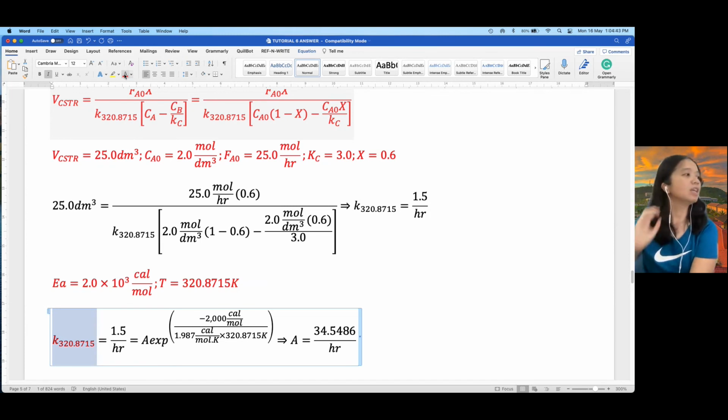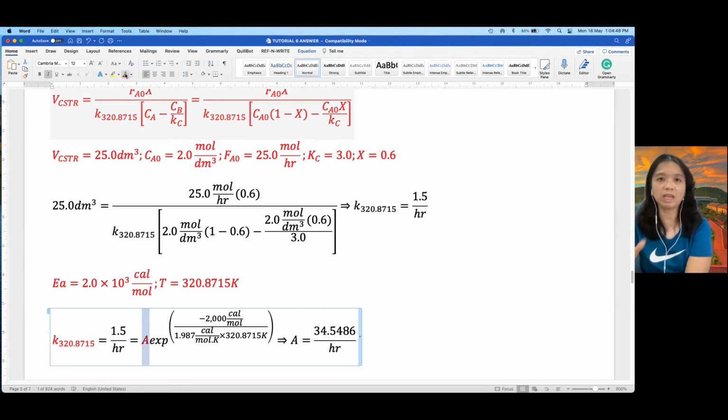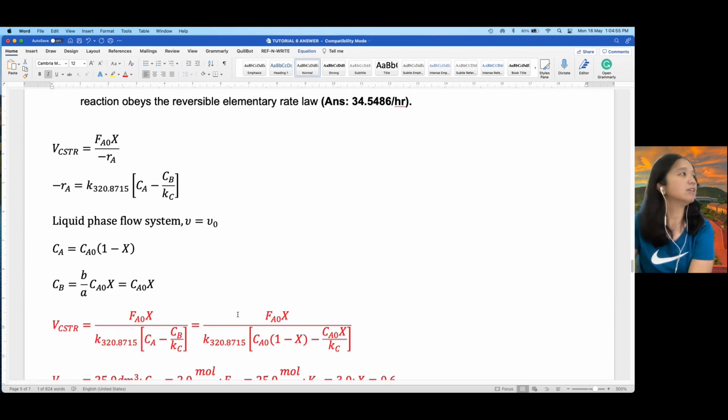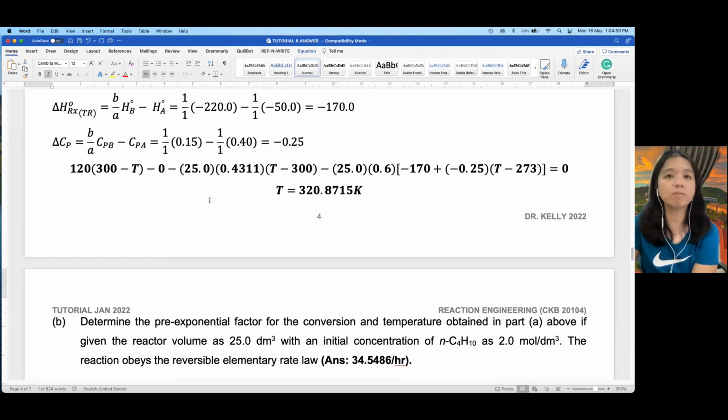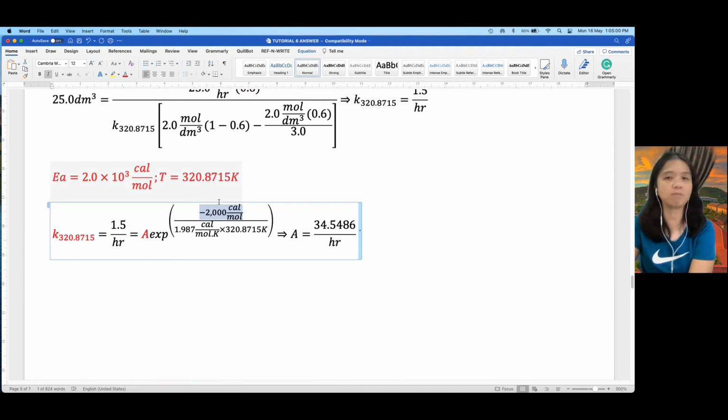Okay, so next one is A. A is what I want to find, right? So A I also don't know. Okay, so A is also unknown. Activation energy, EA, they do give us, for the example, EA is 2 kilocalorie per mole, which is 2000 calorie per mole. So R I know as well, 1.987, and I know my temperature as well.